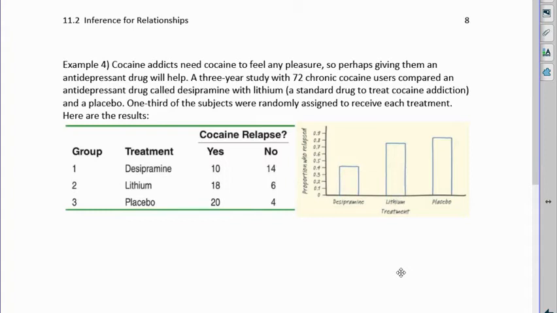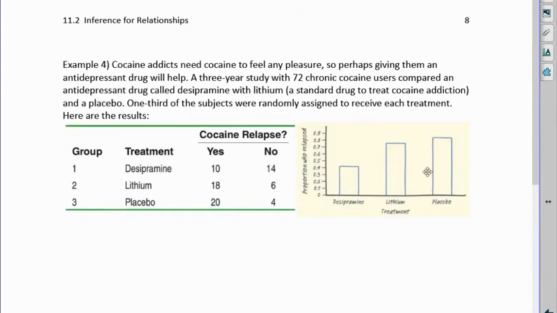There's desipramine, lithium, and then the placebo, which of course should do nothing, but sometimes we have a placebo effect. But so then they look at them after some amount of time to see if there is a relapse in their cocaine use. So if they have a relapse, that's not a good thing. If there's no relapse, that's a good thing.